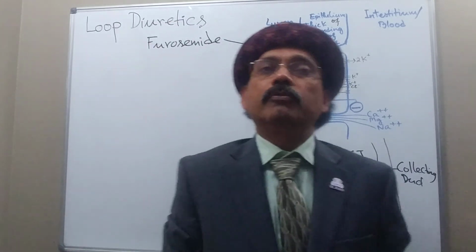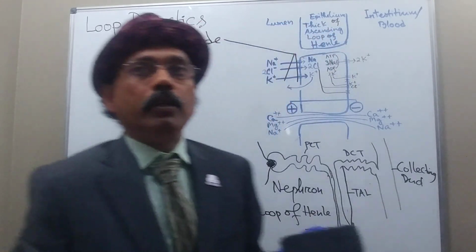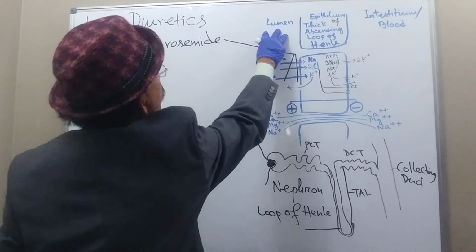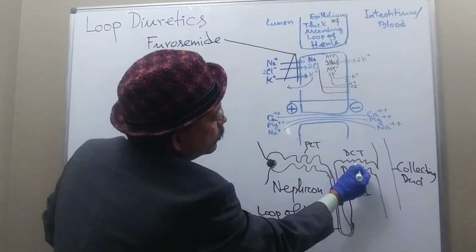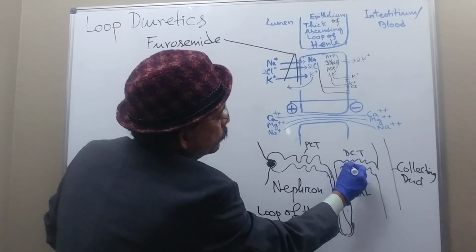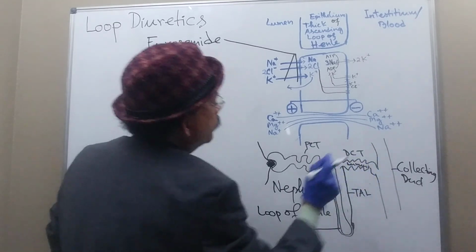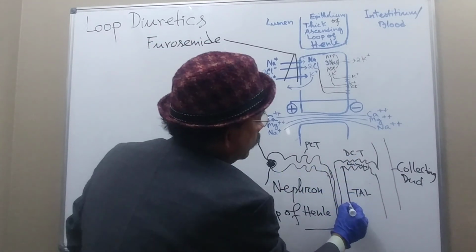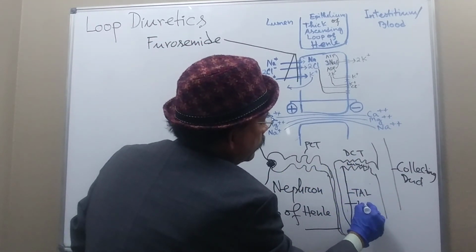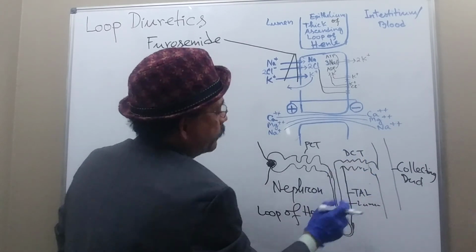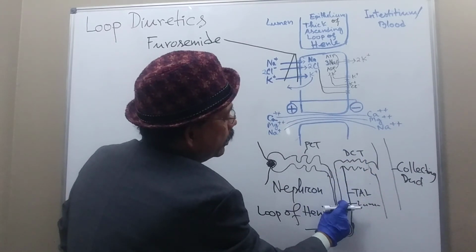Sodium and chloride will be increased in the lumen. This is the lumen, this part. This is the distal convoluted tubule. Our site of action is the thick ascending limb of the loop of Henle.